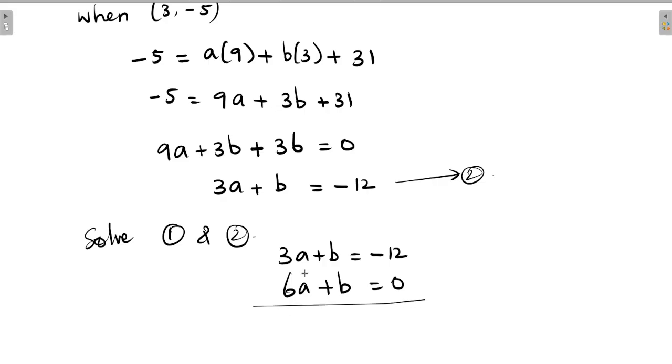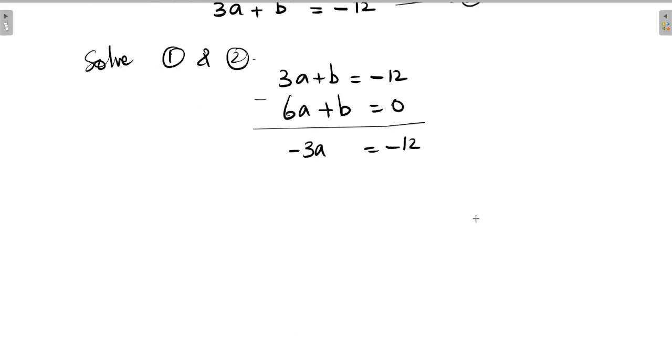So let's subtract the equations. Minus 3a equal to minus 12. So a equal to 4. When we replace a equal to 4 in any one of the equations, 3 times 4 plus b is equal to minus 12.